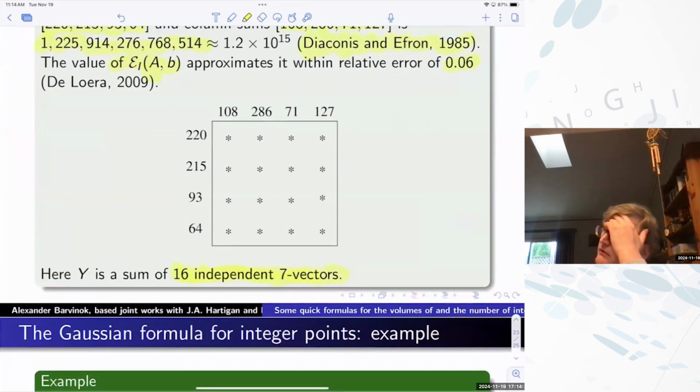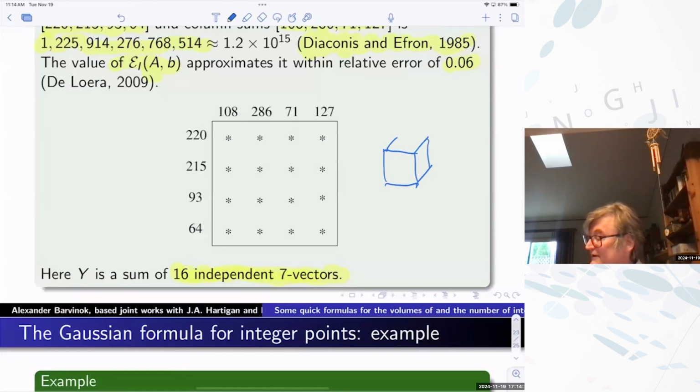Well, in high dimensions, the volume and the number of integer points are often at odds. Again, my favorite example: take the unit cube. Then the volume is 1, but how many integer points are there? Well, 2 to the n.